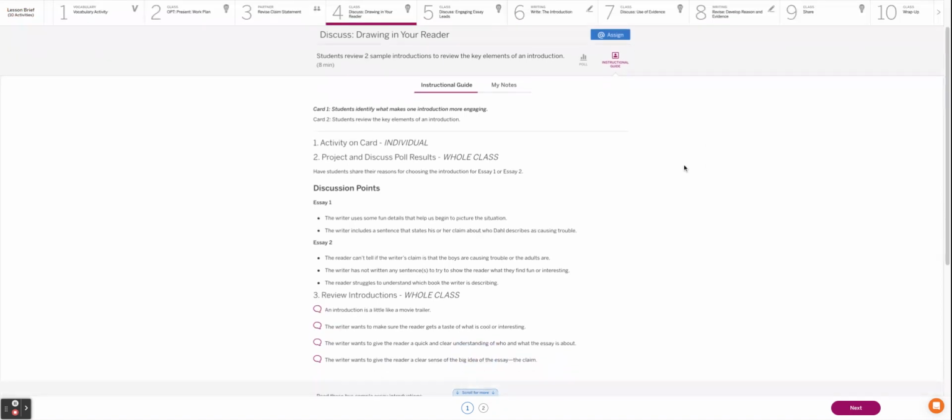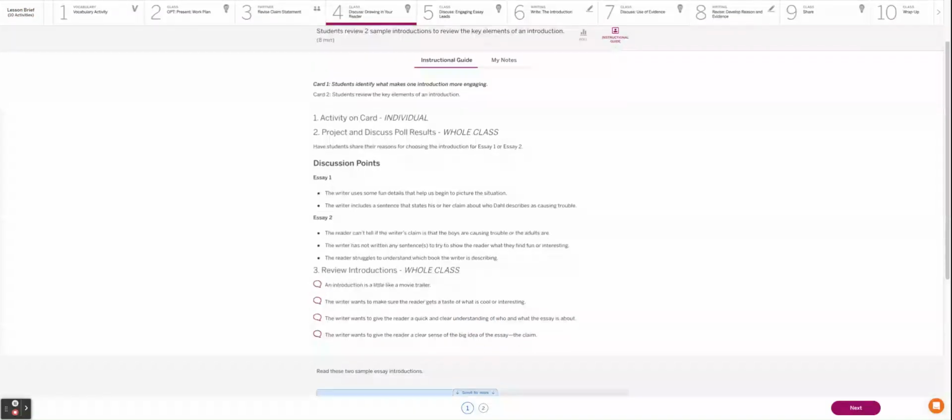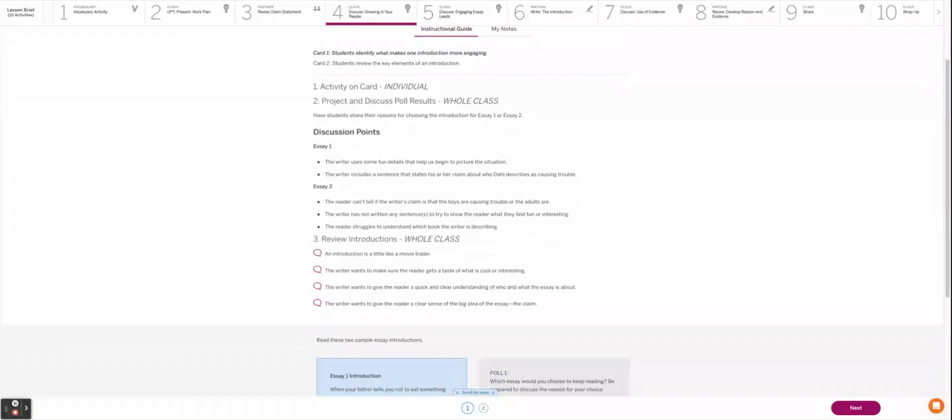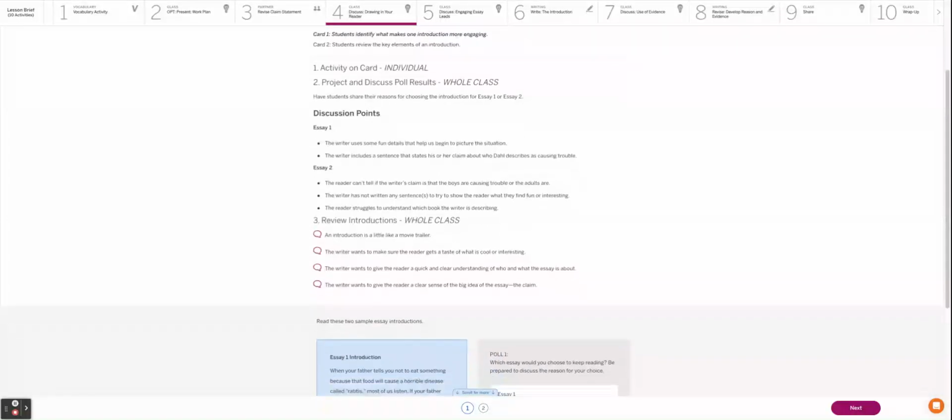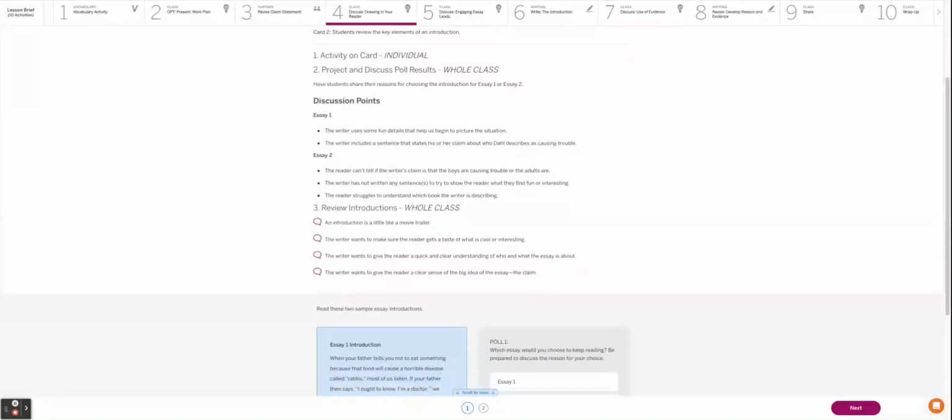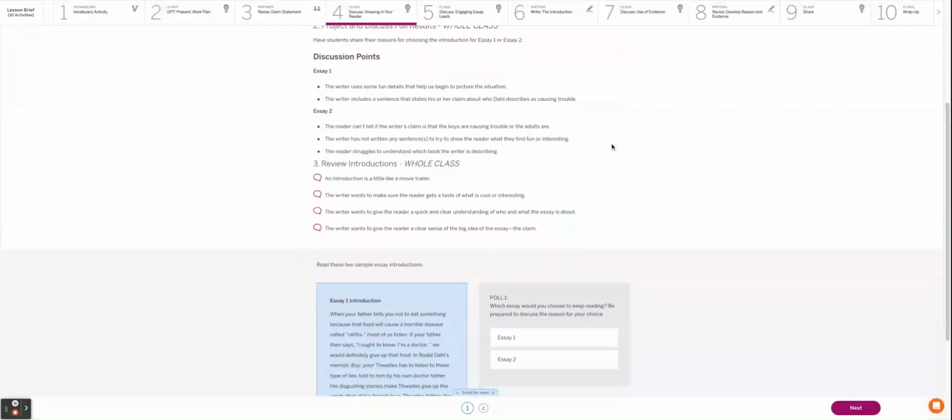In activity 4, we are going to think about your introduction in a new way. So one way to think about your introduction is maybe fun details to help the reader picture the situation.